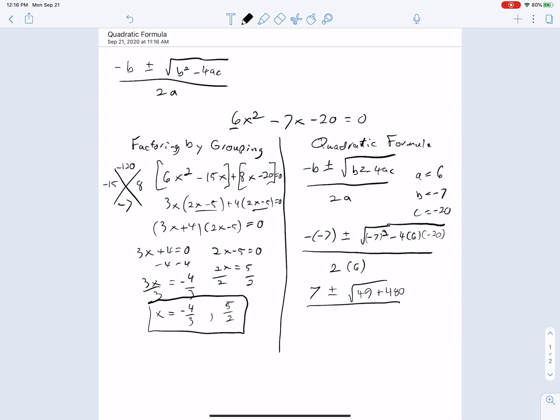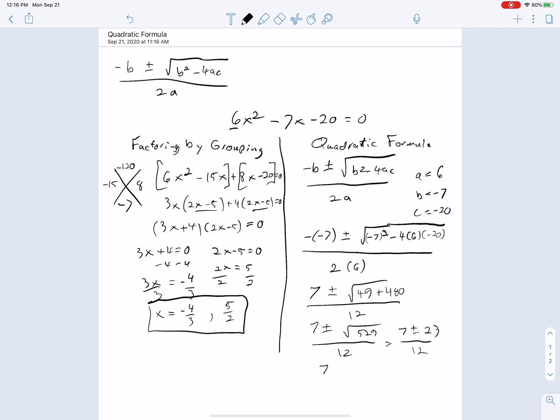all over 12. So we can continue to simplify this down. That's the square root of 529, still all over 12. Which equals 7 plus or minus the square root of 529 is 23, all over 12. So now we have two possible solutions here.